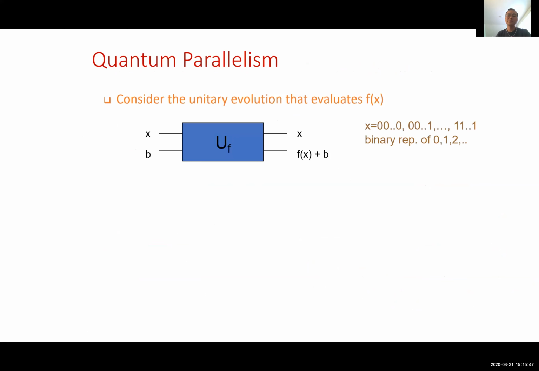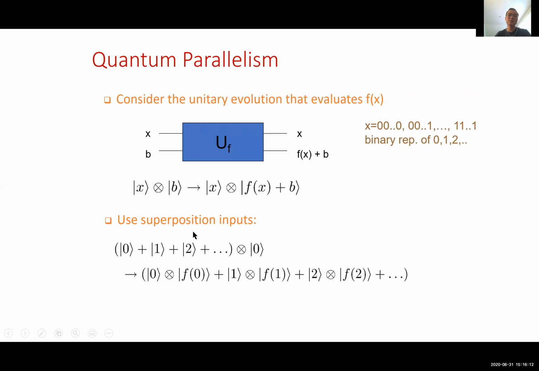Okay, if not, then I'll talk about a more general case. And this is where you see you can actually exploit the quantum parallelism. So how do I see that? I have the same circuit, but x can be n bits, as in the Deutsch-Jozsa algorithm.